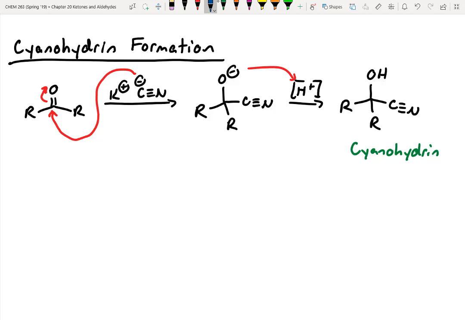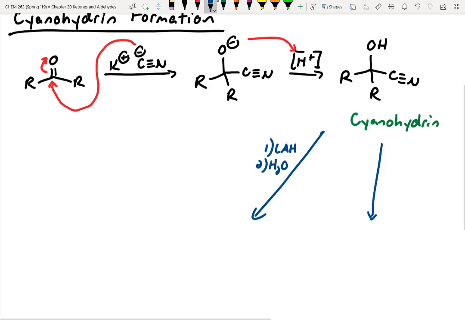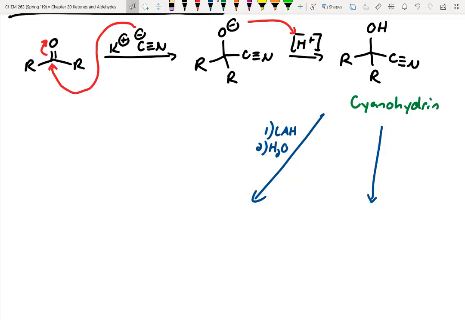The sneak peek that we'll learn later is you can actually do a couple different reactions with this. The first one is to treat it with LAH and water. And we'll look at this reaction when we cover nitriles. It's a different chapter in our book. But essentially that does nothing to the alcohol portion.